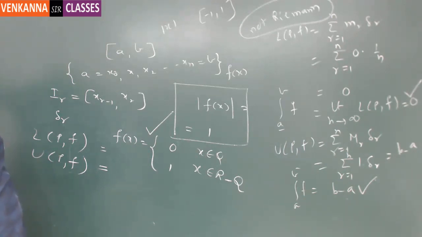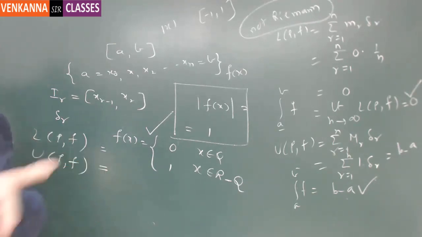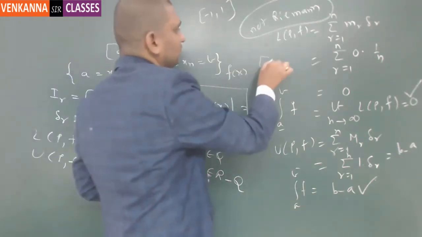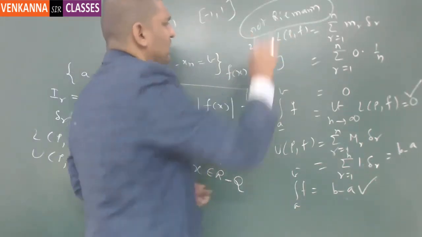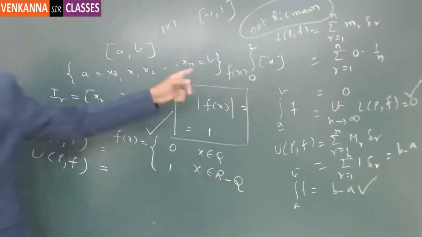If it is not continuous, please understand that continuity is not a necessary condition for Riemann integrability. Discontinuous functions are also Riemann integrable. A simple example is the step function of x: we can integrate it, but it is a discontinuous function.